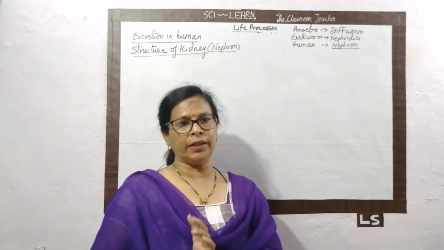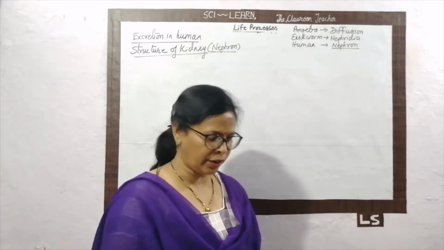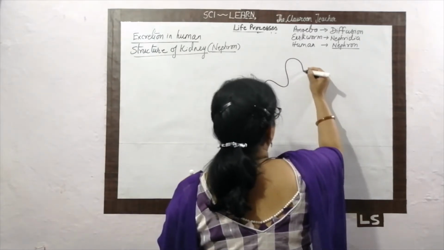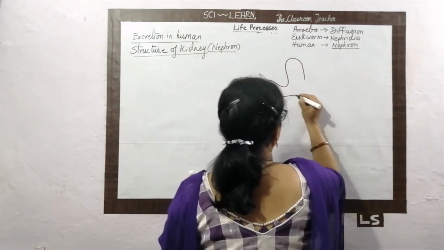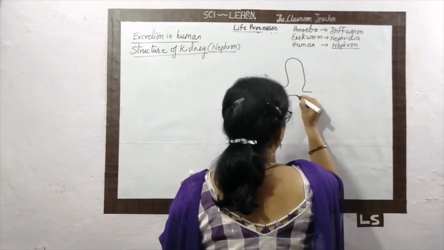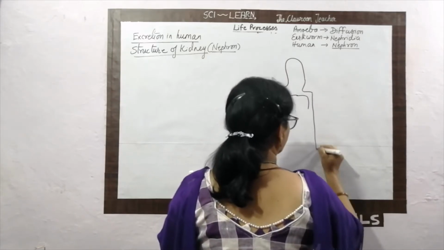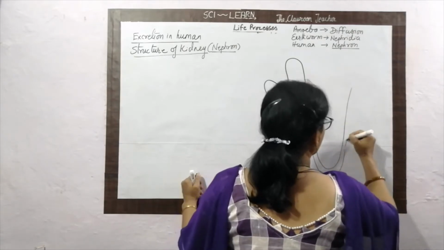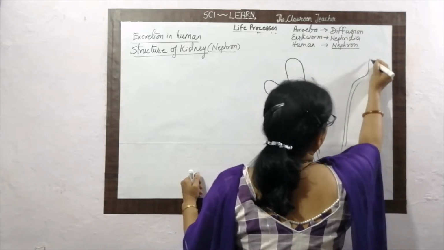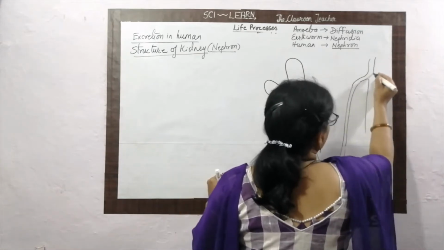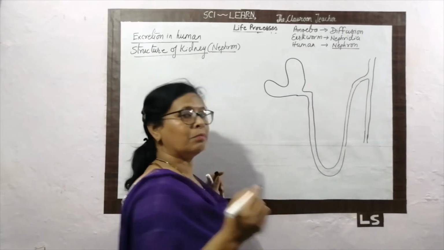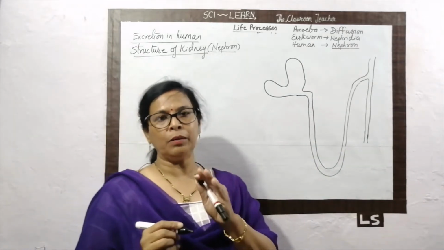We are going to study the structure of one nephron. The nephron is actually a combination of two main parts.